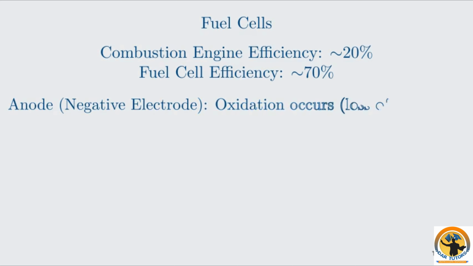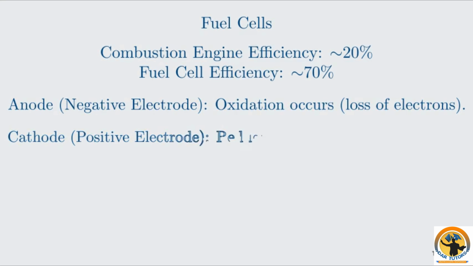These electrons are forced to travel through an external circuit, creating an electric current that can power a device. At the positive electrode, called the cathode, the oxidizing agent undergoes reduction. Reduction is the gain of these electrons. The overall process generates electricity. As long as fuel and oxidizer are supplied, the fuel cell will continue to produce electricity.